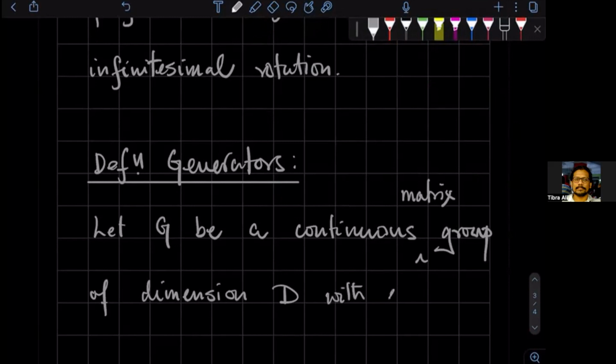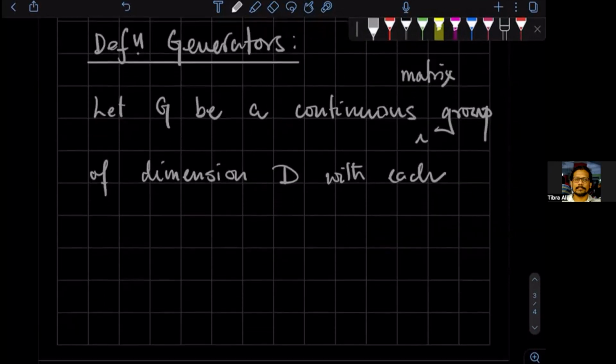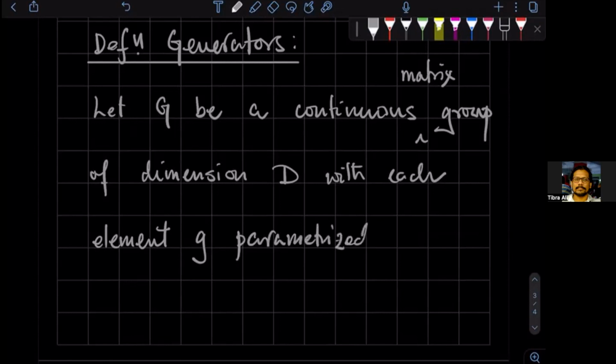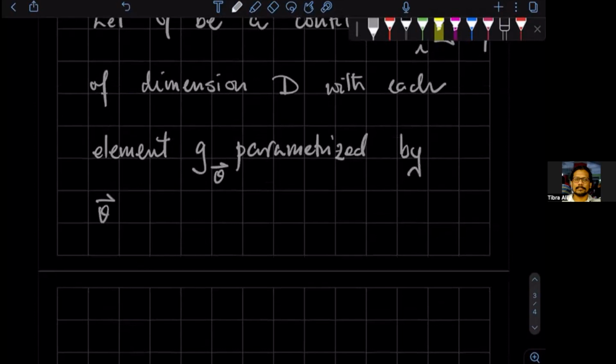Now, with each element, say small g, parameterized by theta, which is a vector which has d components, which are d real parameters.